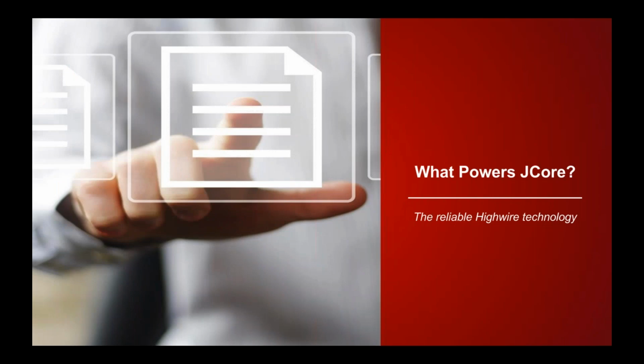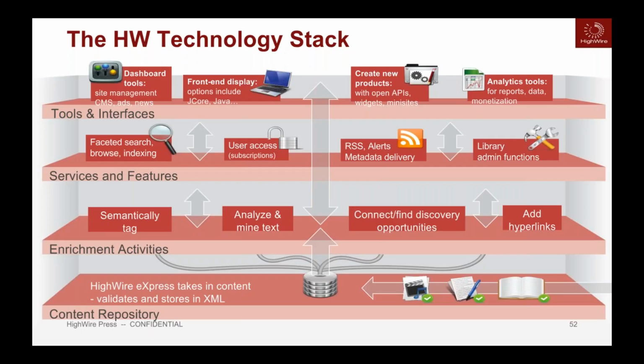So what powers JCore? Behind the scenes, you can see right here, here's our technology stack. We have our front-end display, which is JCore, and that's just a small component of what's happening. Behind the scenes, we have a lot of things happening.